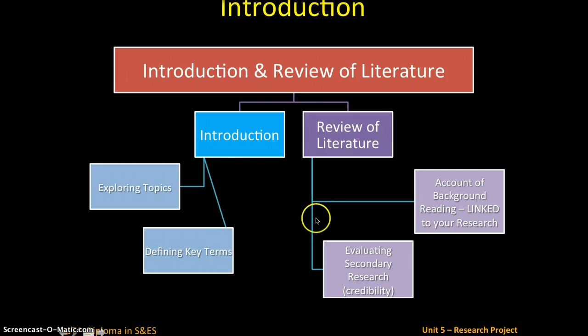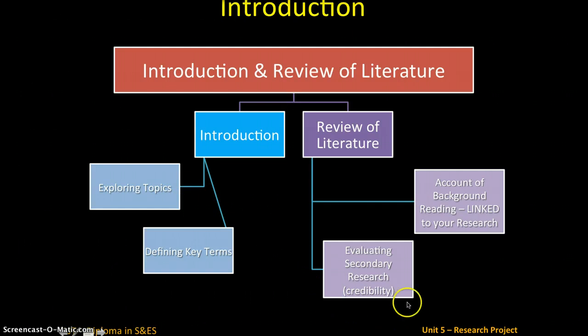The review of literature then goes a little bit further and involves you doing your secondary research and linking background readings of other people's research to the topics that you've identified as key to your project.